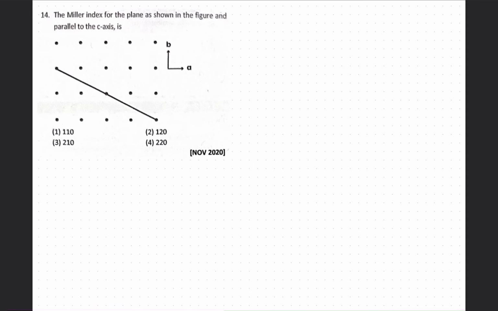See, if we consider this as origin, the point is 0 0 0. So this is 1, 2, 3 and 4. So the A intercept is 4. Similarly the B intercept is 1 and 2. Since it is parallel to C, it will meet C at infinity. So these are the intercepts.